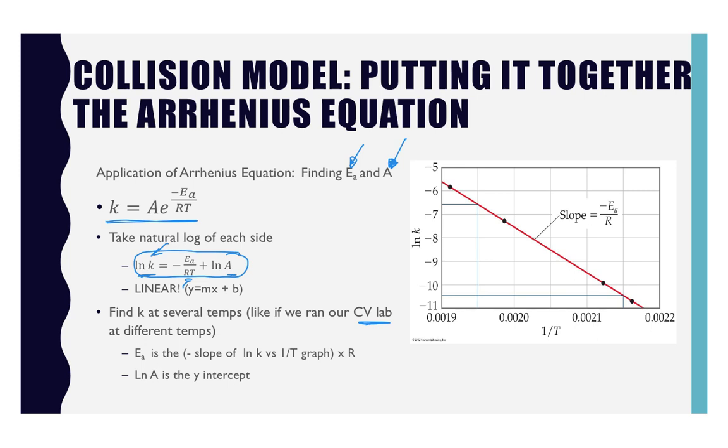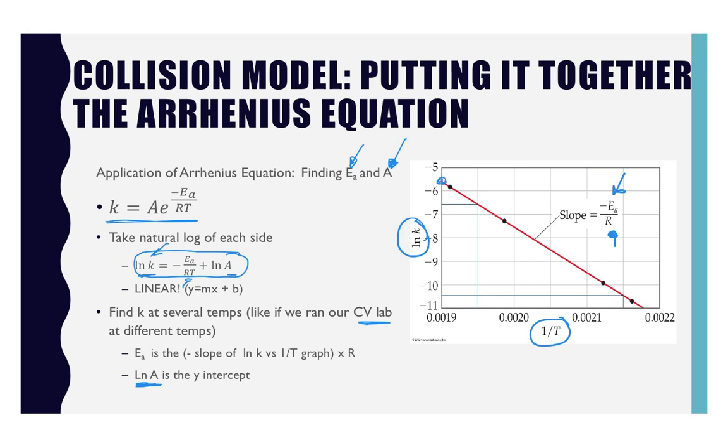Once we have that, if we take the natural log of those different Ks and graph it versus 1 over the temperature, then the slope of this line is the negative activation energy divided by the gas constant. The other thing that works out is that the natural log of the frequency factor becomes our y-intercept.